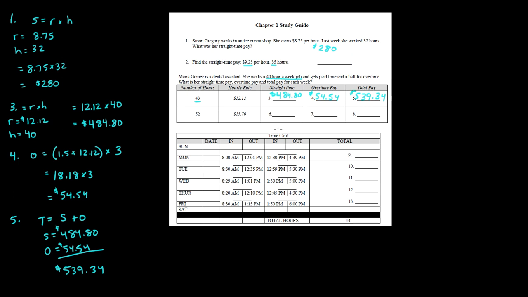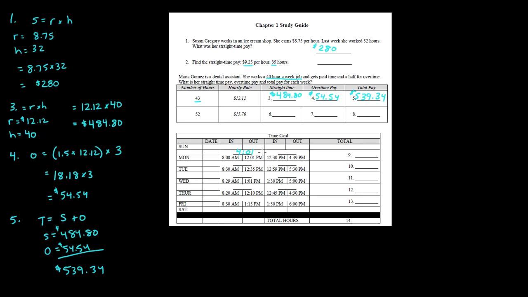Now, at the bottom half of this picture here, we've got our time cards. So how many hours did we work each day? And then we simply add up the total number of days to get the grand total for the week. So if I started work at 8 and I ended work at 12:01, I was at work for 4 hours and 1 minute.